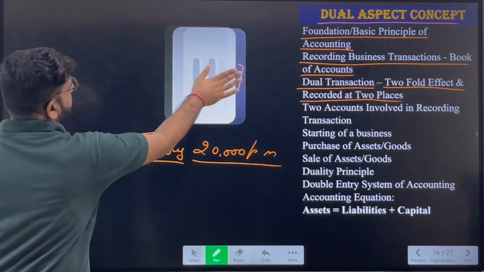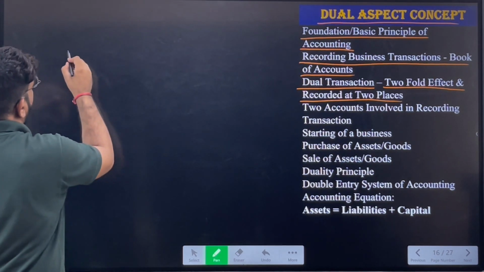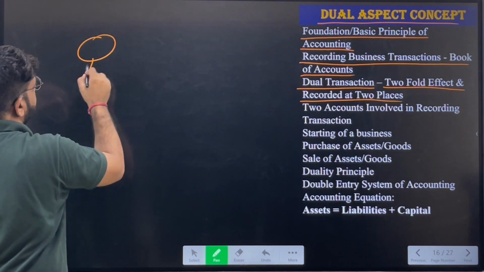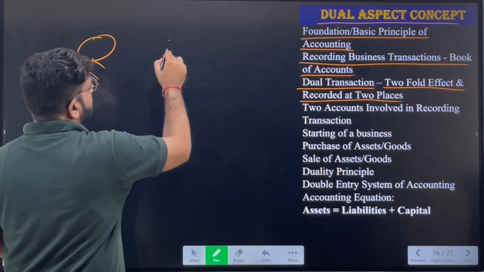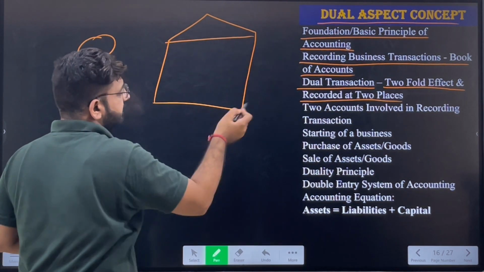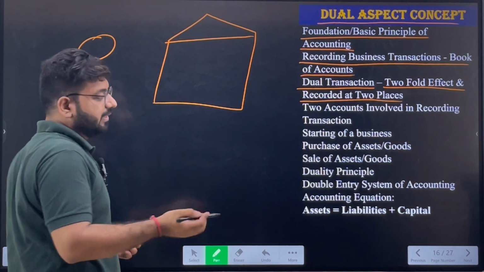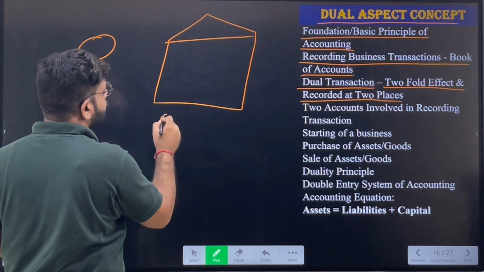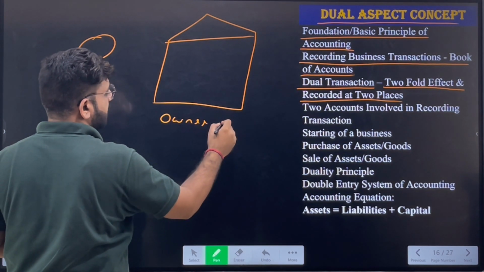Now, suppose the other example is I am the owner of the business. Now, this is my business. Obviously, this place doesn't belong to me. That is, I am not the actual owner of this place.